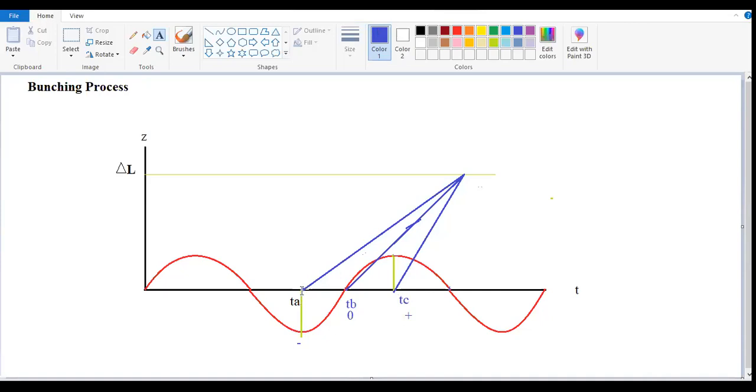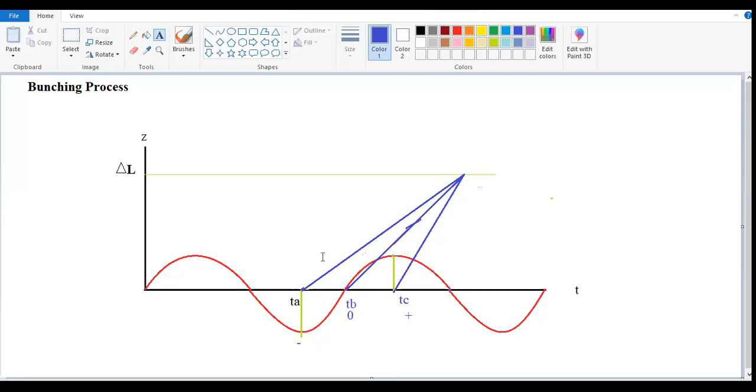Now TA is the negative half cycle. So what will this negative half cycle do? The distance is the same. On your distance scale, the vertical axis, it goes from here to here. This TA is the negative half cycle, and electrons are negatively charged.